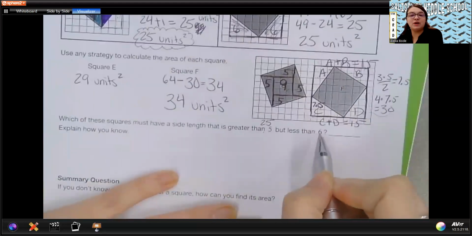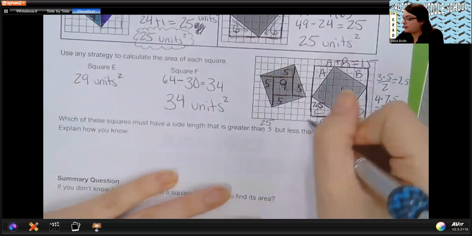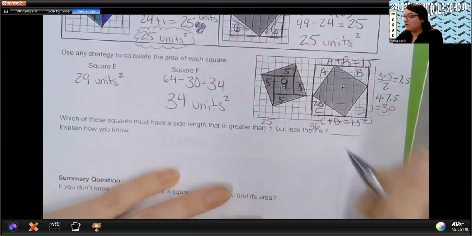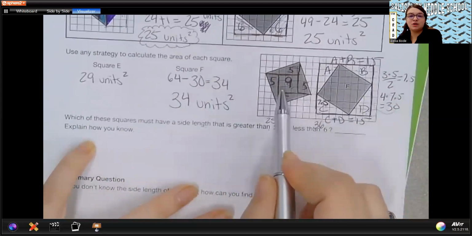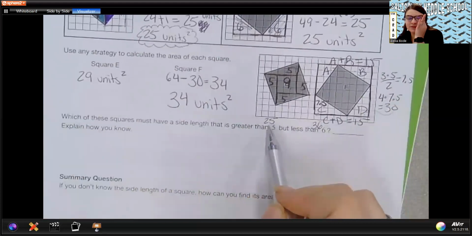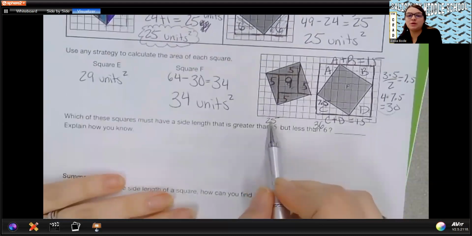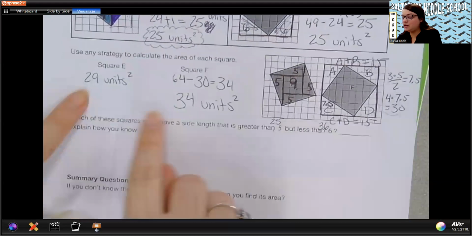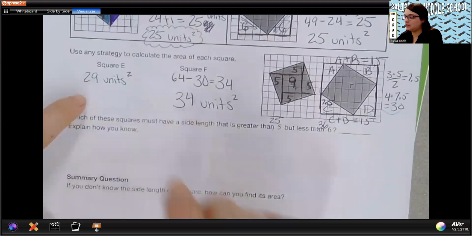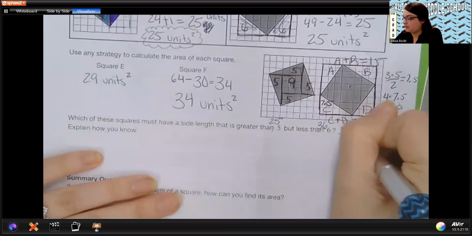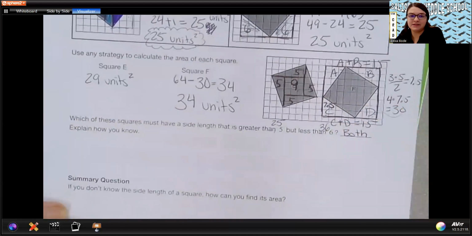And if we had a square with a side length of 6, its area would be 6 squared, which is 36. And so if we want to know if the length is between 5 and 6, the area would have to be between 25 and 36. And notice both of these are between 25 and 36. So both of them have a side length between 5 and 6.